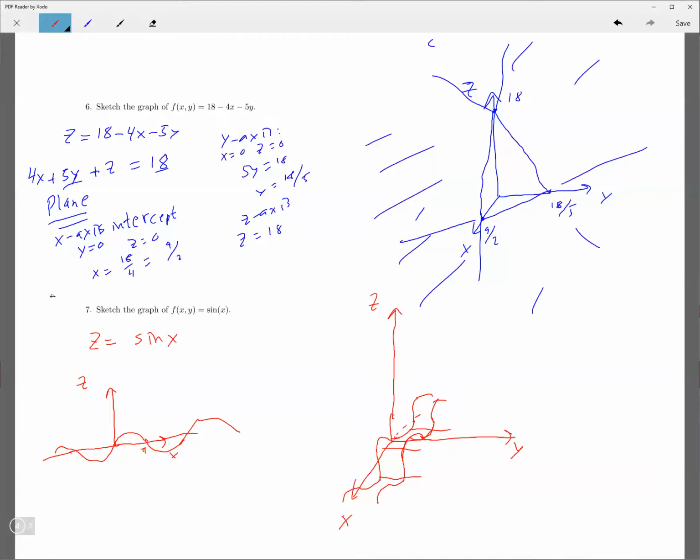Okay, it looks to me like it's going to be the top right, because this is the positive direction on the x-axis over here. So it's going to come out like that and go up like that.